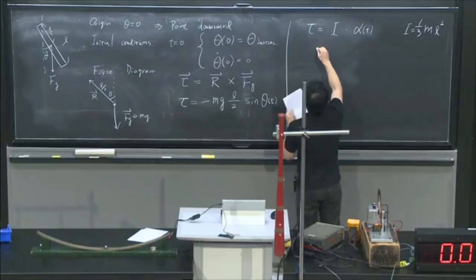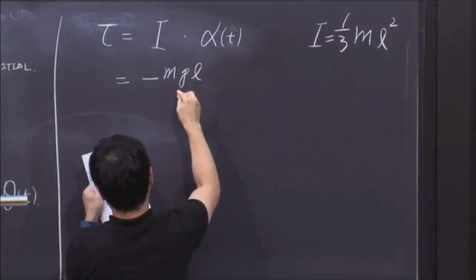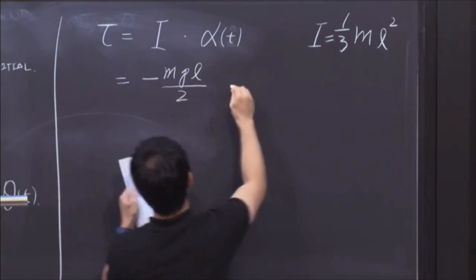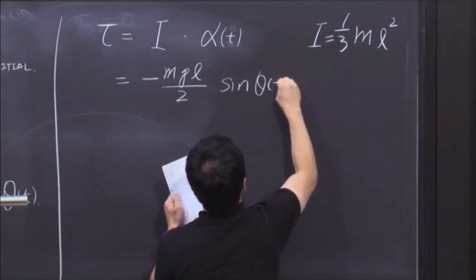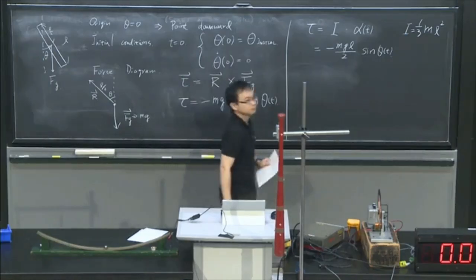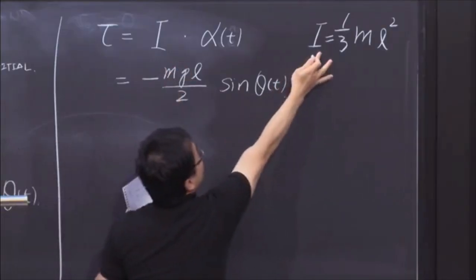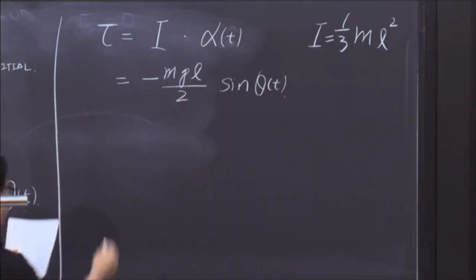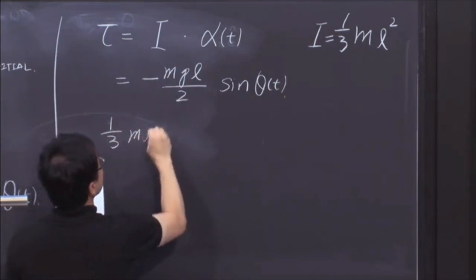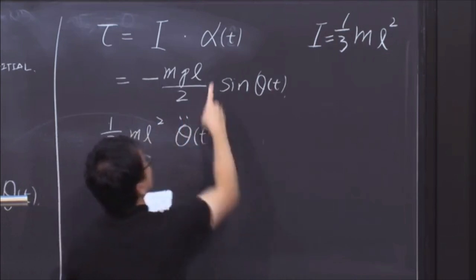Okay? So that will give me minus mgL divided by 2 sine theta of t. Okay, so that is coming from this side. Now I can simplify this expression. I can plug in the I value into this equation, and I will get 1/3 m L squared theta double dot of t, which is alpha.